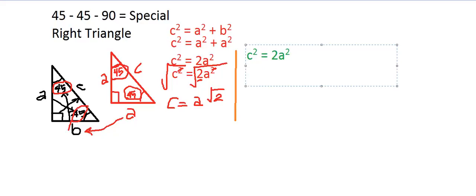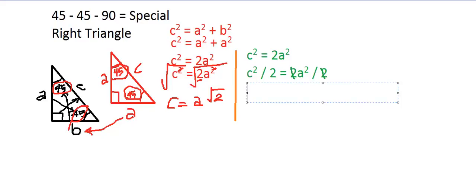So how are we going to find a? We'll divide both sides by 2. So this is now c squared divided by 2 is equal to 2a squared divided by 2. This time our 2 will be cancelled. What is left then is c squared over 2, which is equal to a squared.